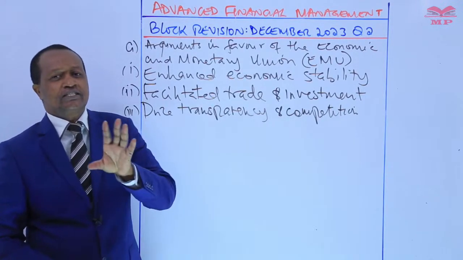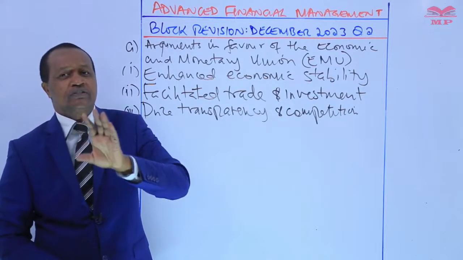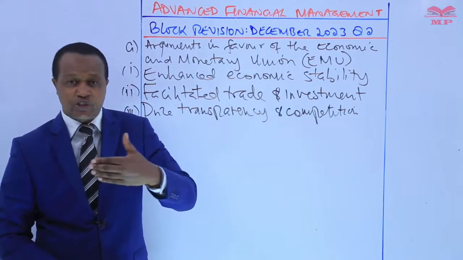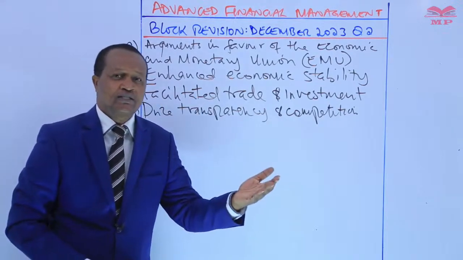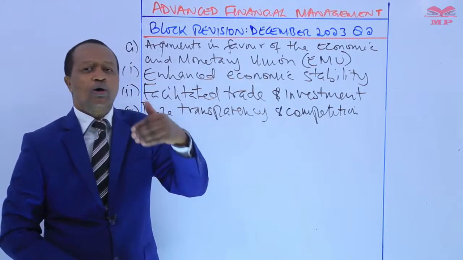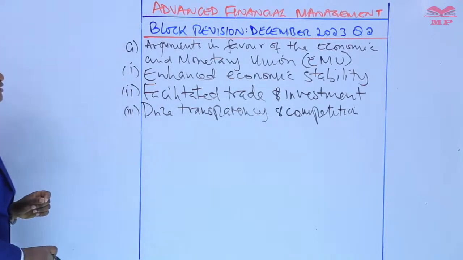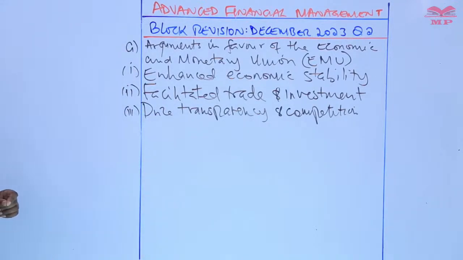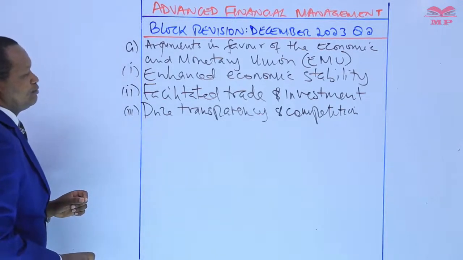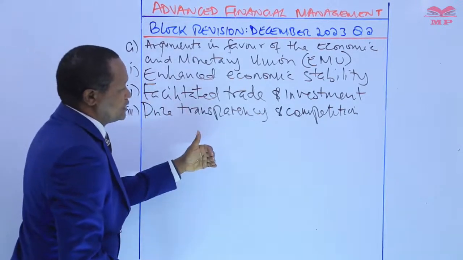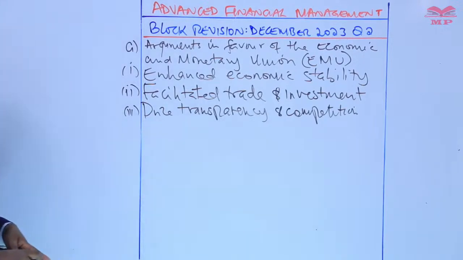And that encourages businesses to improve efficiency, to improve competitiveness, and also to attract customers, ultimately benefiting the consumers through what we call lower prices and better quality goods and services. So a single currency promotes price transparency and competition among the member states.